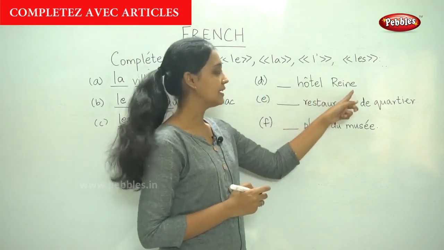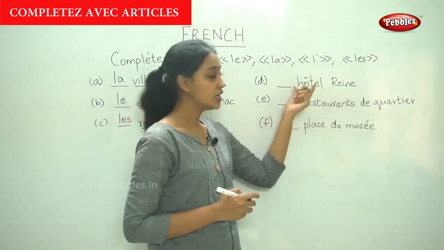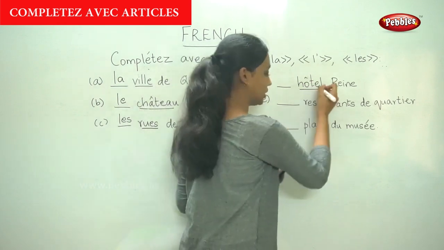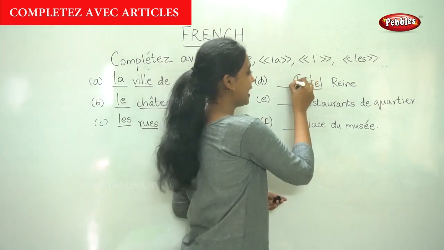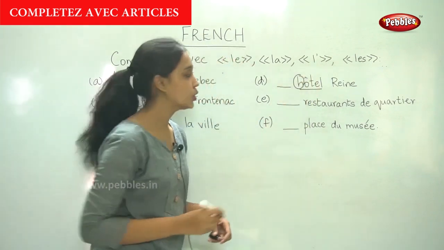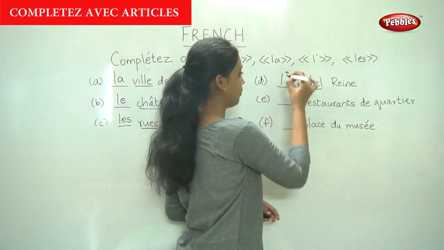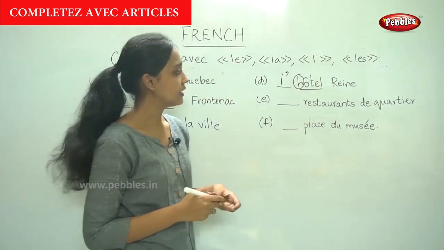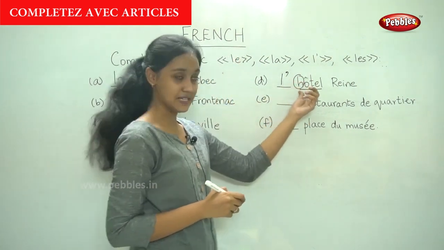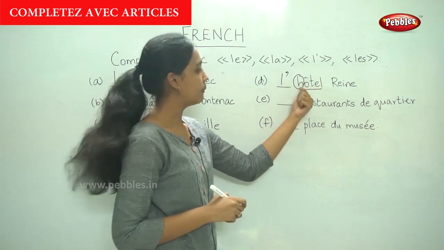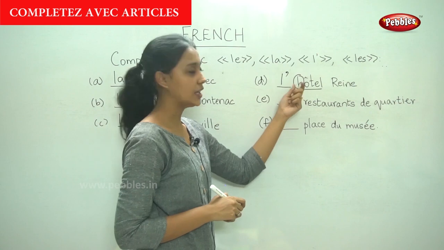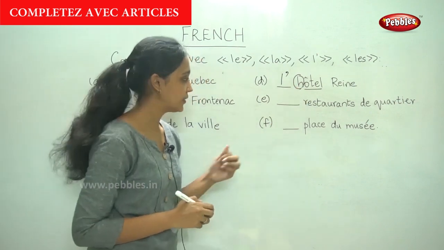Dash hôtel Rein. Now the word we need to consider is "hôtel," but as you can see, there is a mute H here. So we use "l'." Regardless of whether this is masculine or feminine, we use "l'" because of the H at the beginning of this word.